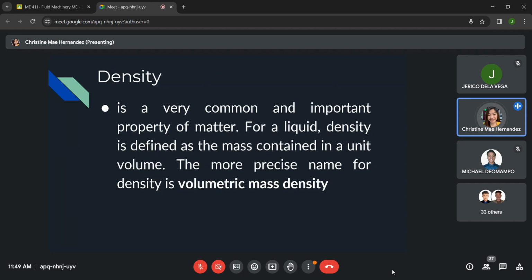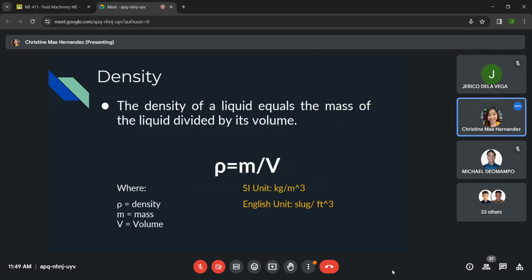But if something has a lower density than water, or mas magaan, or mas mababa yung kanyang density than water, then it will float or lulutang siya. Formula for density: density is equal to mass over volume.